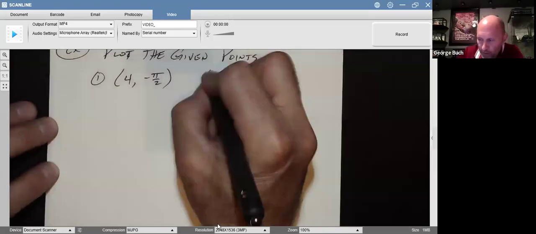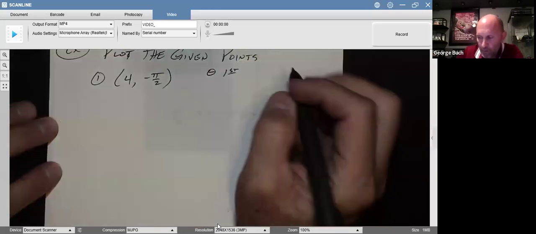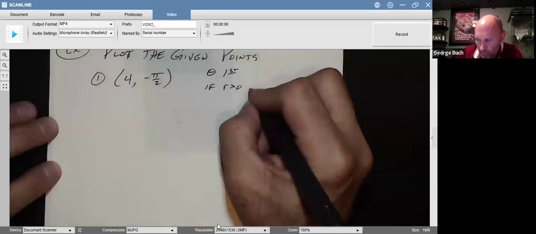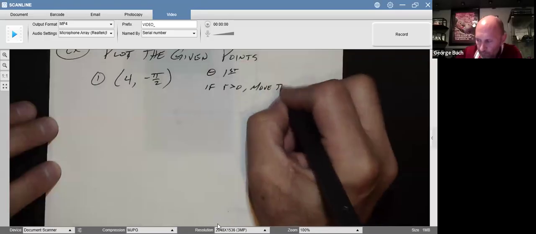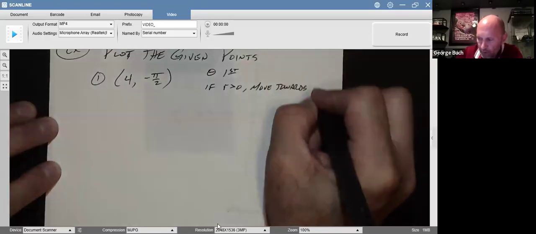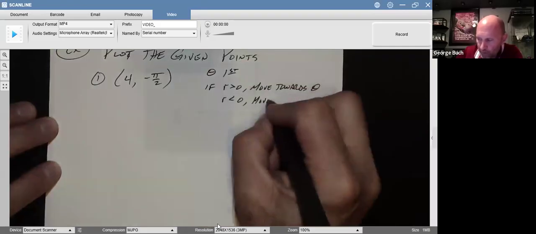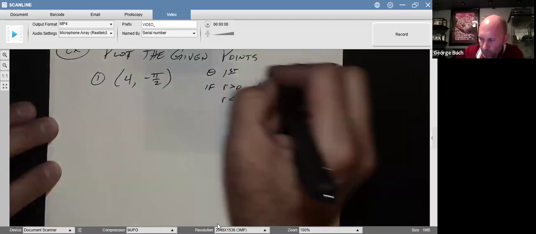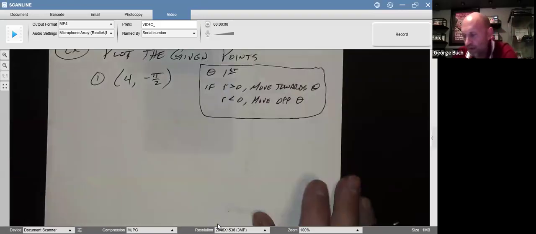First, theta first, move that direction. And then if r is greater than 0, move towards theta. And if r is less than 0, move opposite theta. So this is what we're going to be doing on every single one of these points that we're about to plot.